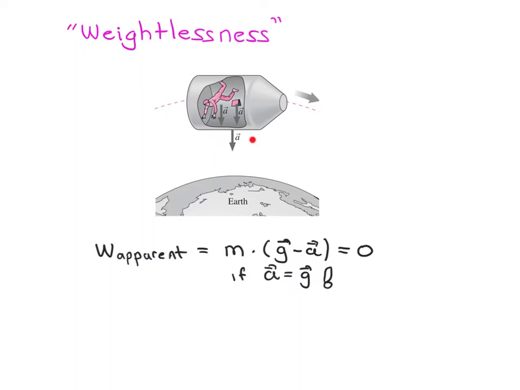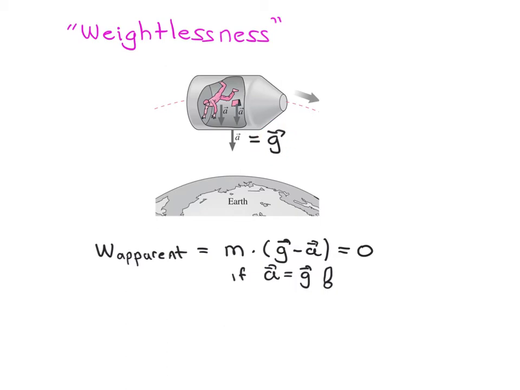And this picture, which I've taken from the Wolfson text, sort of captures exactly why you feel weightless when you're in orbit around the Earth. Everything is accelerating downward with the same acceleration, which is equal to G. So you can say the capsule is falling, you're falling, the book is falling, everything is accelerating downward with the same acceleration, which is all due to gravity.